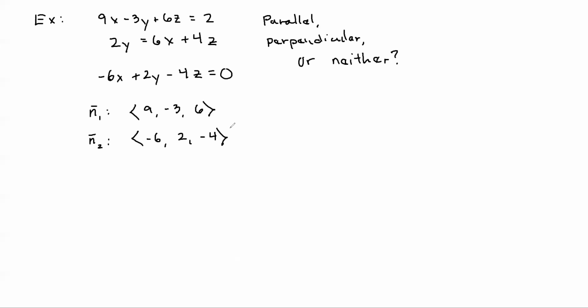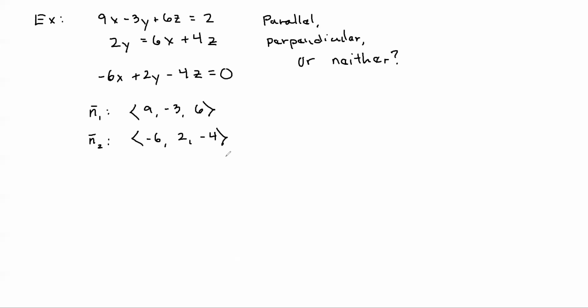In order to tell whether vectors are parallel, they need to be scalar multiples of each other. So what that means is that there's a number that you could multiply by all three components that would turn one into the other. So is there something that you could multiply by -6 to turn into 9, by 2 to turn into -3, and by -4 to turn into 6?